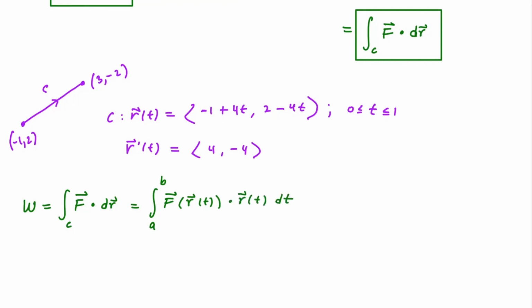So that's how you rewrite the integral. Now we need to figure out what this piece is. I'm sorry, I forgot the derivative. So this is r prime of t.